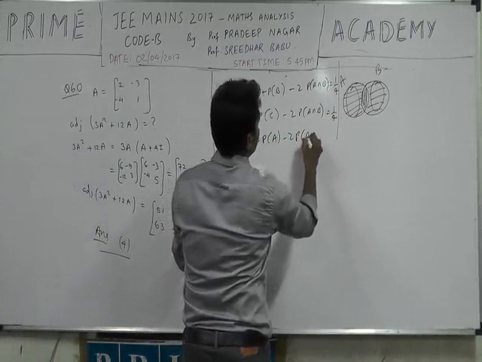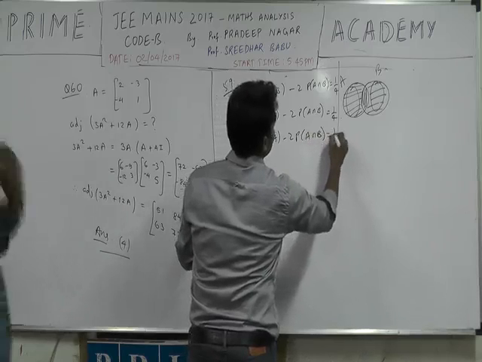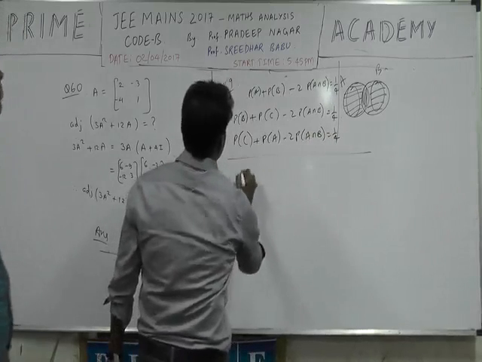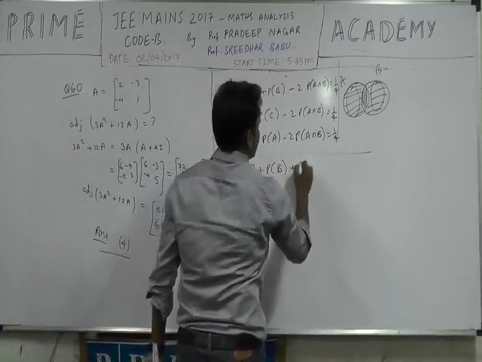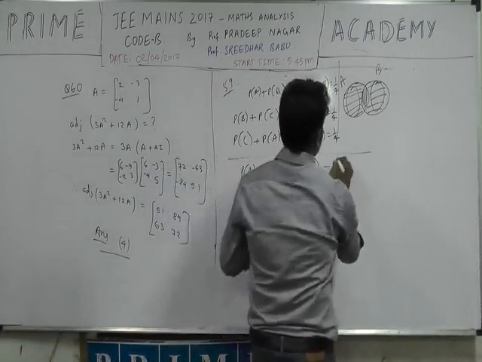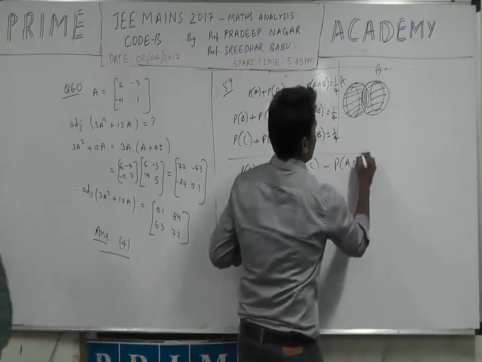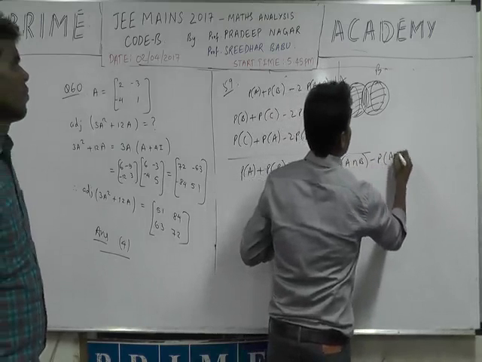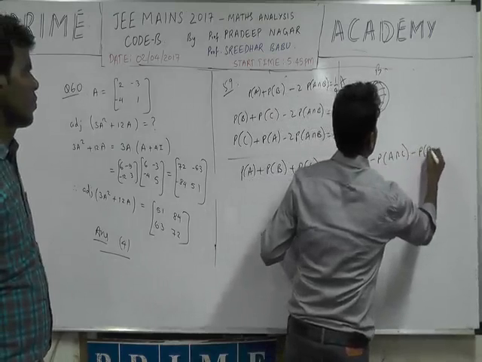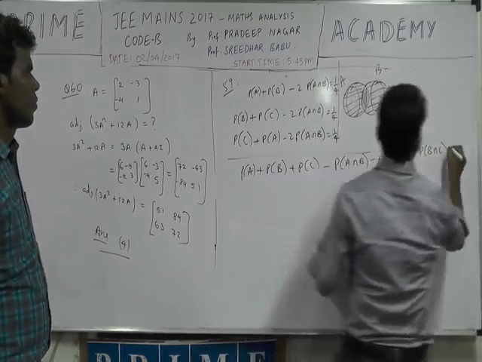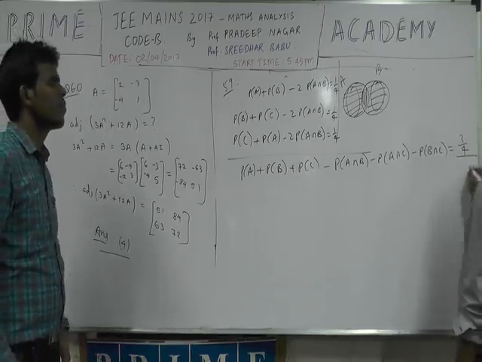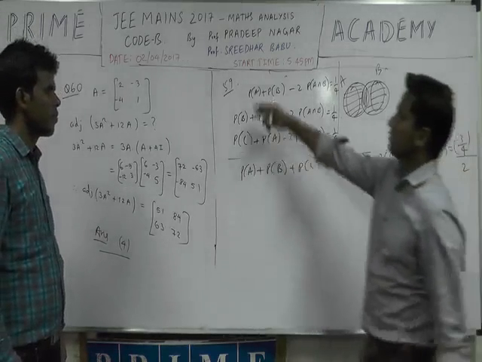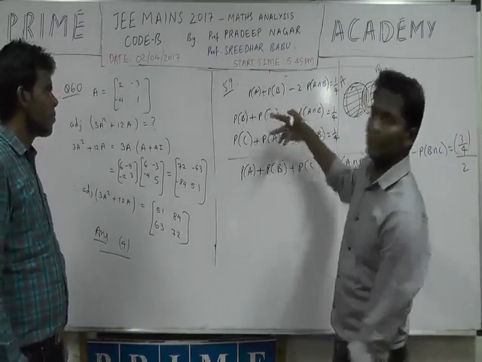When we add these, we get P(A) plus P(B) plus P(C) minus P(A∩B) minus P(A∩C) minus P(B∩C) as the total of these, 3/4 divided by 2, because when we add these we get double terms.